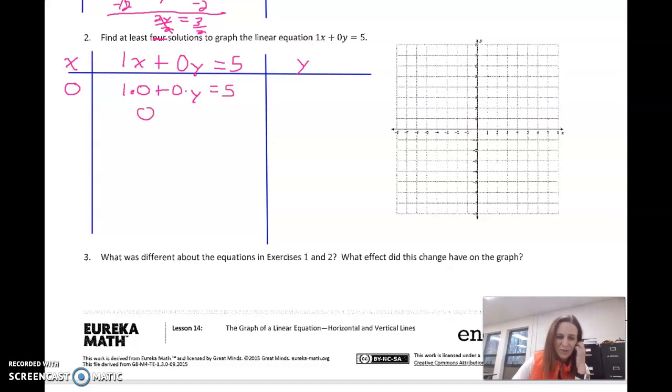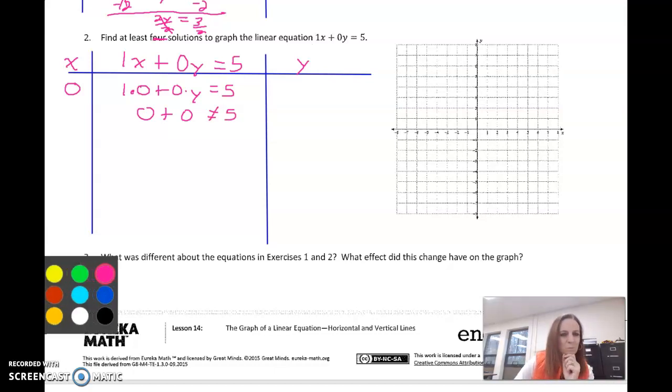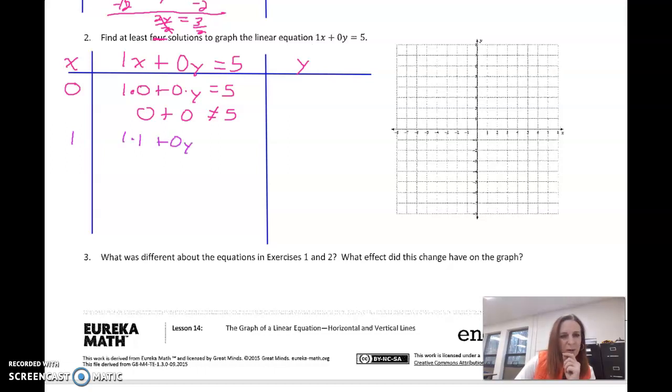Well, 1 times 0 is 0, and 0 times y is going to be 0. And you know what? 0 plus 0 just does not equal 5. Let's put a 1 in. 1 times 1 plus 0 times y equals 5. So this is 1 plus 0 equals 5, that's not true either. Okay, something is not quite right here.